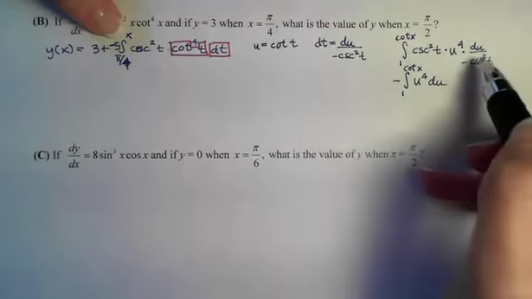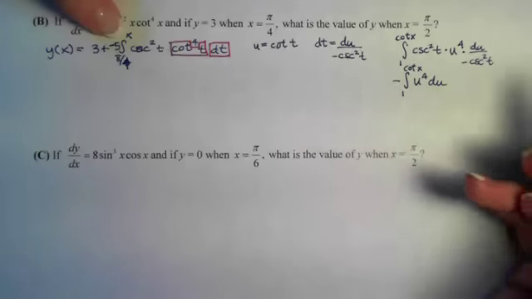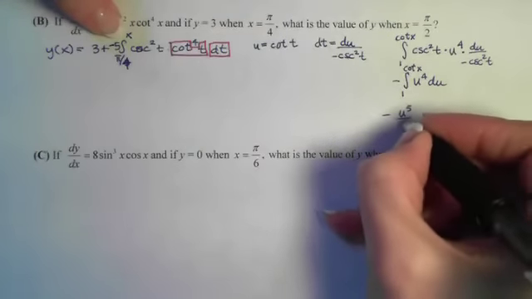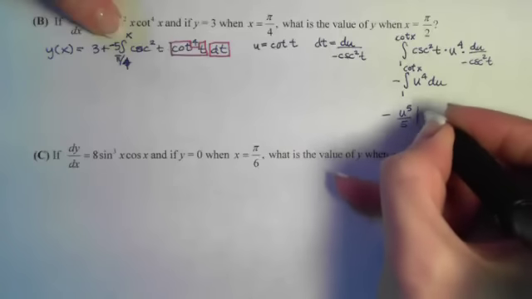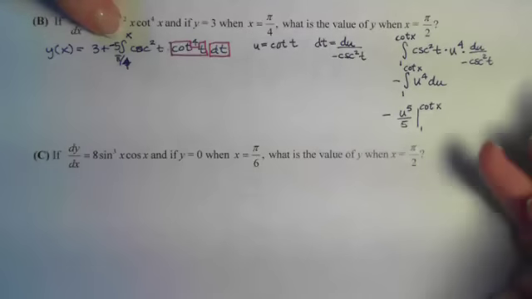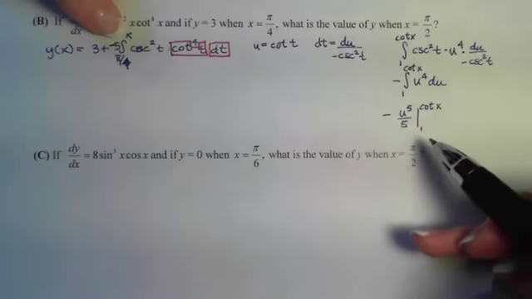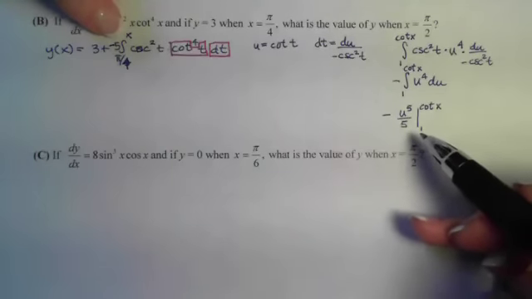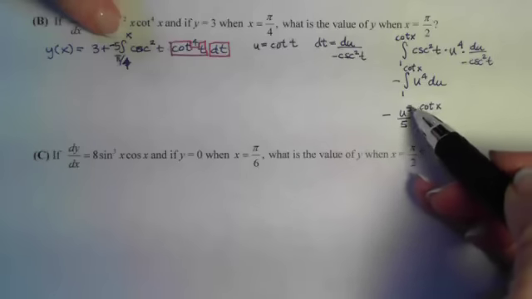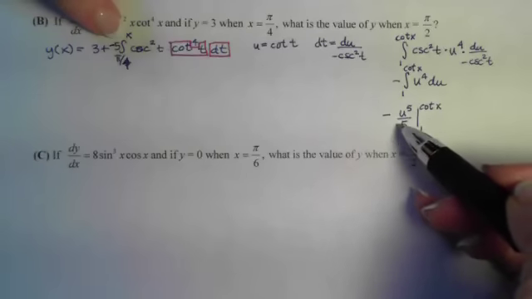So if I do the antiderivative of this now, I will get a negative u to the fifth over 5 evaluated from 1 to cotangent of x. I don't need to do the plus c because I have a definite integral and I can evaluate it using any antiderivative. So what I will plug in first is the cotangent, and then I will plug in the 1.